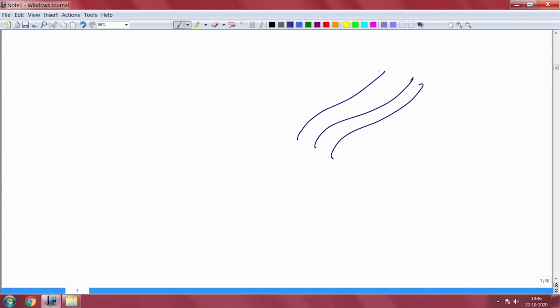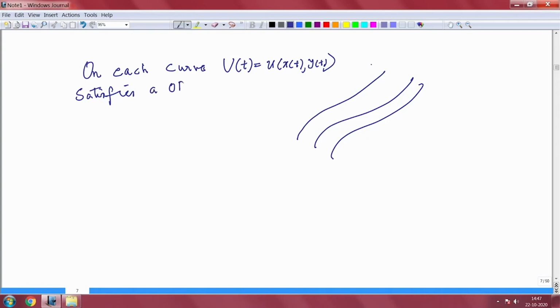On each of those curves you have your u, given by u(t) equal to u(x(t), y(t)), which satisfies an ODE. That is what you got, you see.